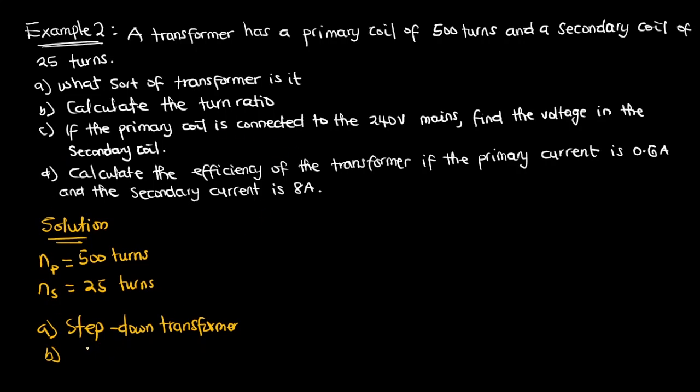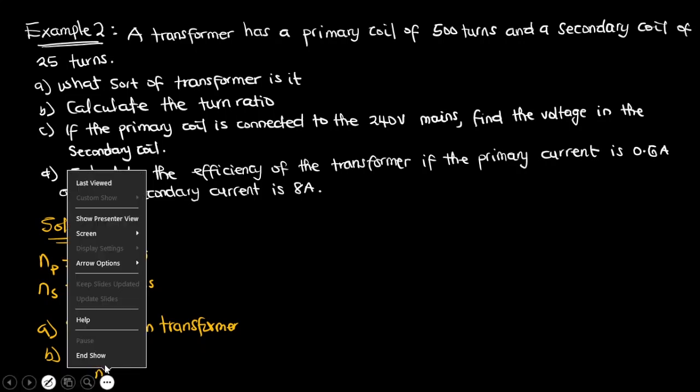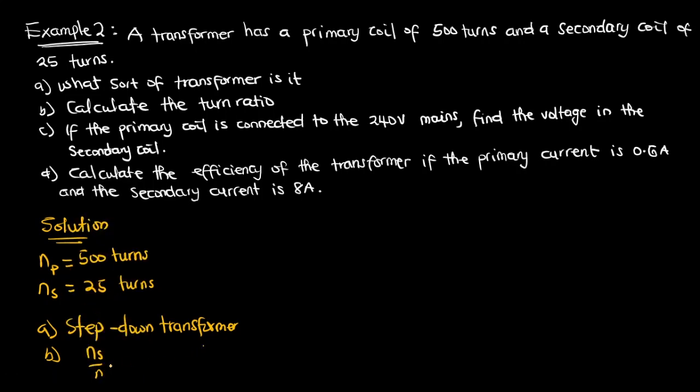Now the turn ratio is either NP over NS or NS over NP, regardless of how you want to do it. So B is either NS over NP or NP over NS, depending on how you want to do it. So I'll use this. So NS is 500.